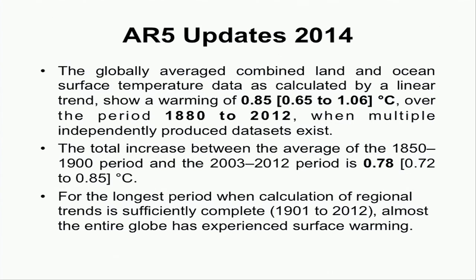The total increase between 1850 to 1900 and 2003 to 2012 has gone from 0.78 degrees, ranging from 0.72 to 0.85 degrees C. That's the increase in the average temperature. Now, if we look at the longest period when we have a very complete data set, that's about 1901 to, in this report, 2012, almost the entire globe has experienced surface warming, as we showed in that contour plot.